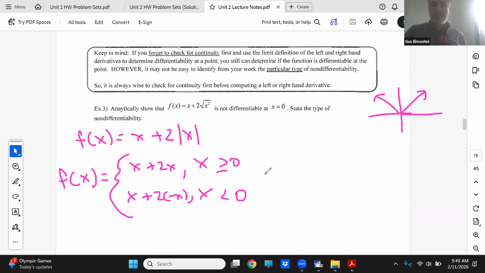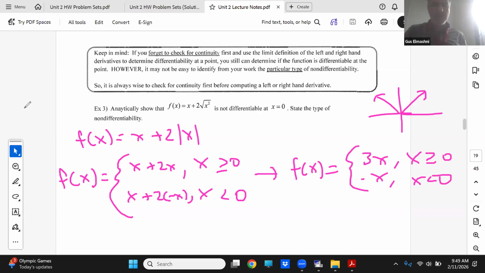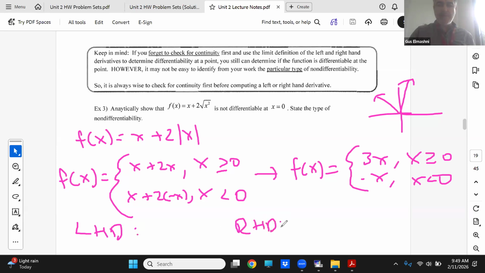So if I clean up a tad more, it should look like this, right? 3x and negative x. So my graph is actually not that great. My graph could look better. My graph should be more like this, right? You guys would agree? Okay. So what's happening here, if I find my left-hand derivative and find my right-hand derivative, I should write this more formally, but I won't for now.